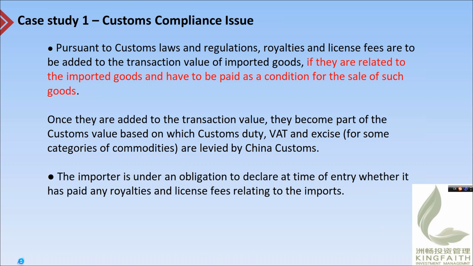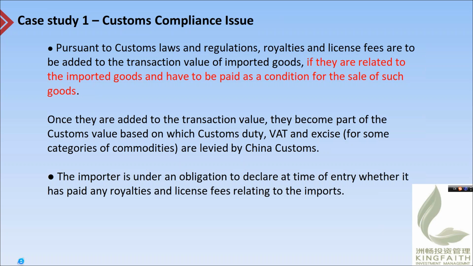The customs officer argued that because the importer and exporter are related, and both are subsidiaries of a parent company, there's sort of a controlling relationship between the importer and exporter, and between the parent company and the subsidiaries. So it can be deduced or inferred that it's paid as a condition of sale.